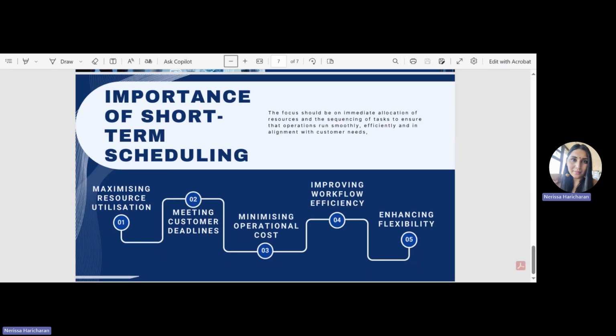So you focus on the immediate allocation of resources and how best to sequence your tasks to ensure that your operations run smoothly, it runs efficiently, and it's in alignment with what your customer basically needs. So every business needs it. I am part of the logistics industry, so the courier sector.